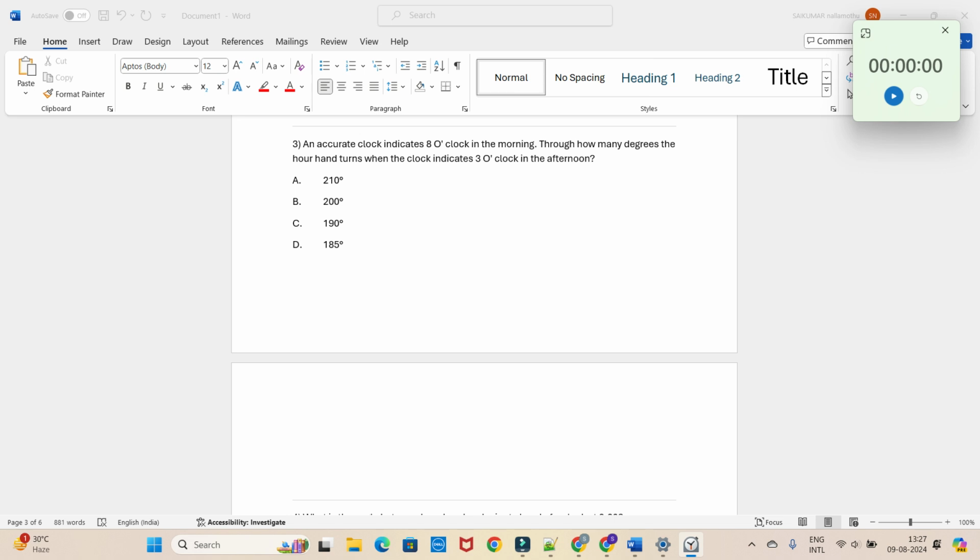From 8 a.m. to 3 p.m. there is a 7 hour gap. For every 12 hours it is 360 degrees, so for 7 hours we need to find how many degrees of change it is.